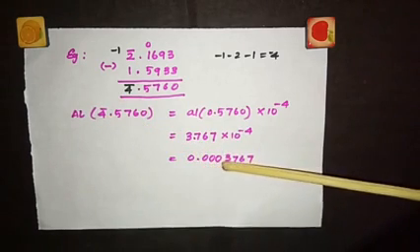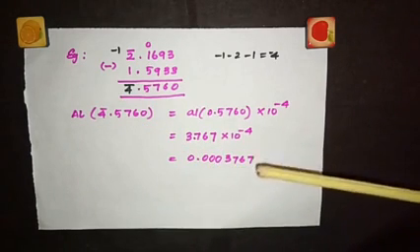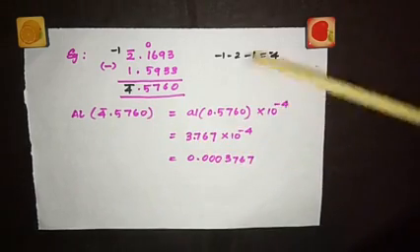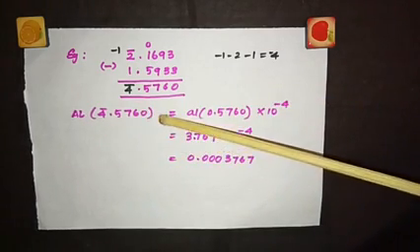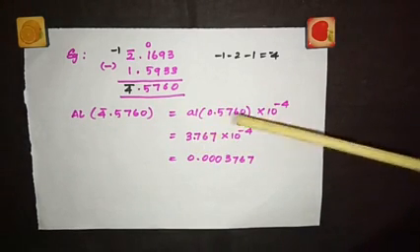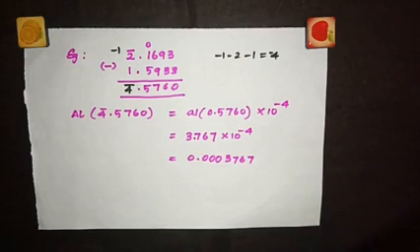So put 3 zeros, 3767. If it is confusing for you, you can go with this. Write this value in the power of 10 and take this as 0.5760. Take the anti-log, place the decimal after 1 digit, and that will be your answer. Hope you understood how to use this log table and anti-log tables.